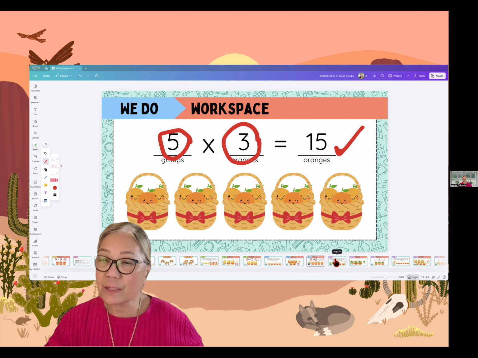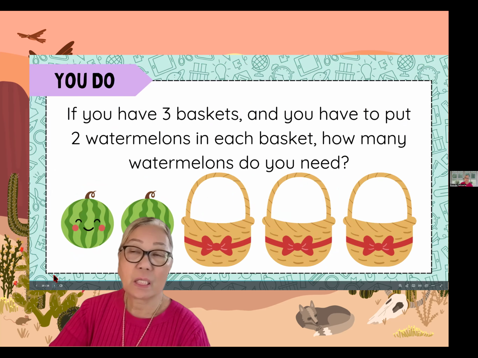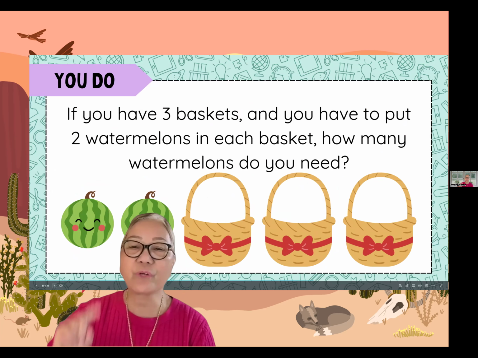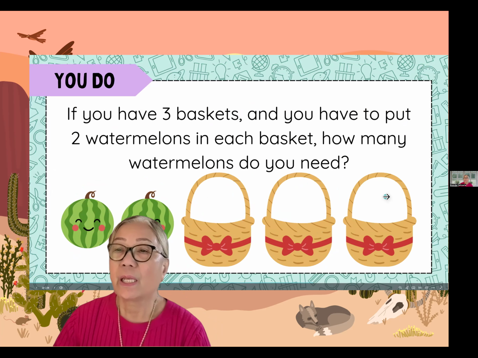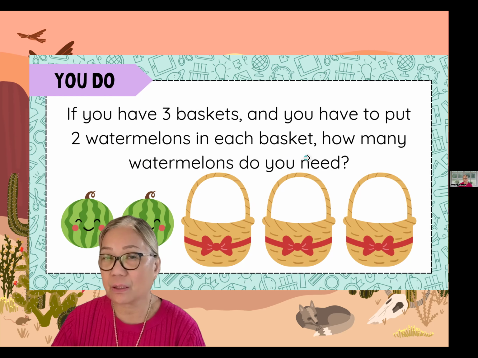Okay, now let's start with a third presentation. This one is for you. If you have 3 baskets, 1, 2, 3 baskets, and you have to put 2 watermelons in each basket, how many do you need?